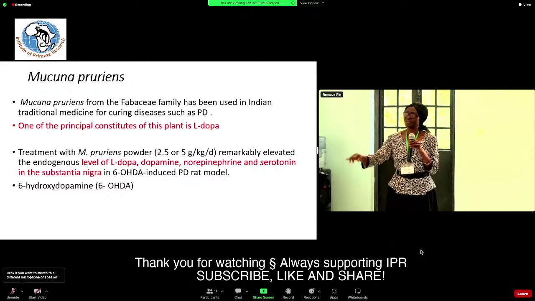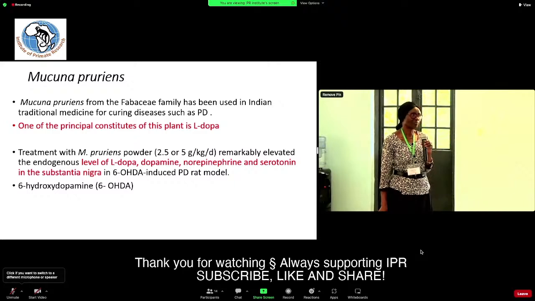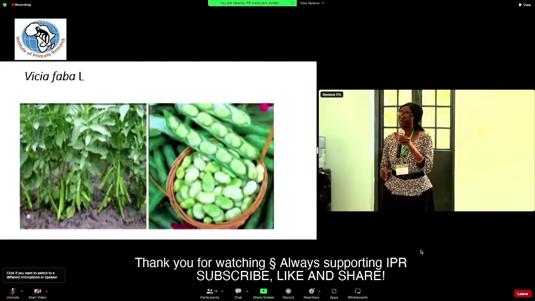And this is normally observed in these cell lines which are a model for Parkinson's disease. So this work has been done and has been proven that this herb has a place in the management of Parkinson's disease.